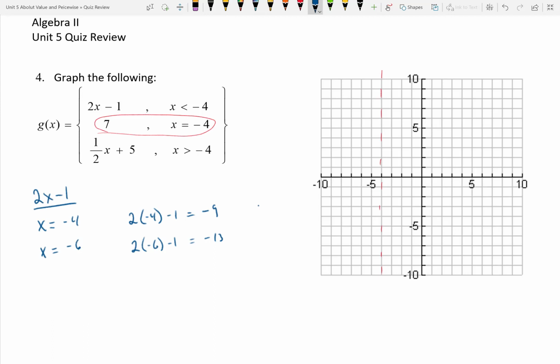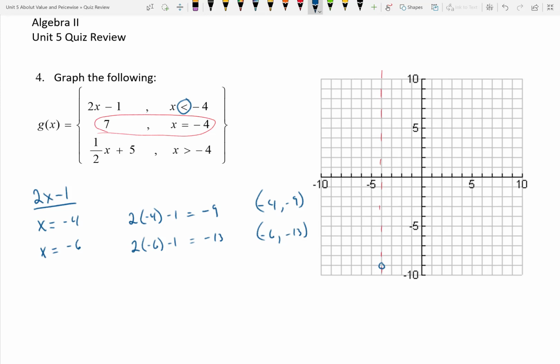So we've got 2 points now, -4, -9, and -6, -13. I'll plot those 2 points, and I'll pay attention to the inequality up here when I plot the first one. At -4, -9, that is not part of the graph, not part of that piece, so I'll plot an open circle there.